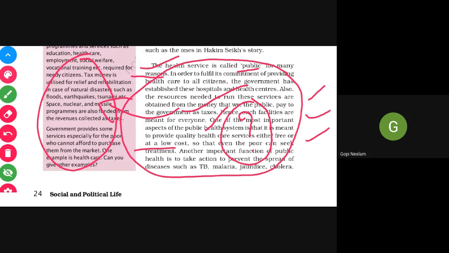Then what about providing quality healthcare service? It is the government agenda, but in reality it is not being taken forward. Then what is the government doing? We need to understand, and is there any solution for it? Going forward in the next pages, we'll get a solution in this chapter itself.